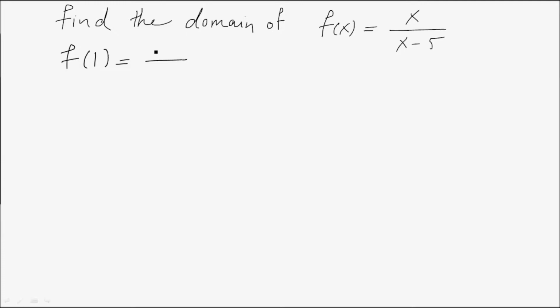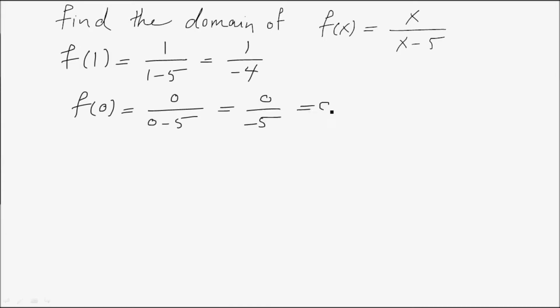That would give me 1 over 1 minus 5. That is 1 over negative 4. Yes, so f of 1 is 1 over negative 4. Can I input 0 into this function? That gives me 0 over 0 minus 5. That is 0 over minus 5, which is 0. So that also causes no problem.